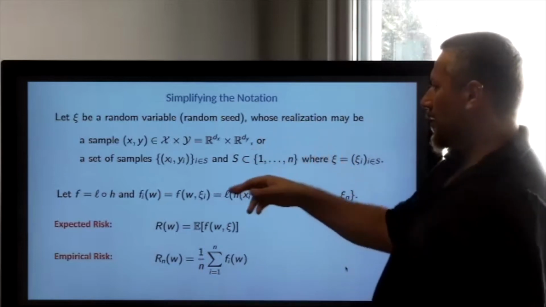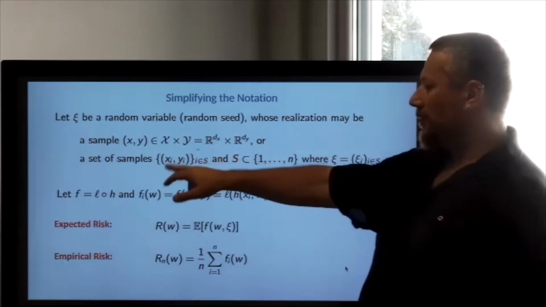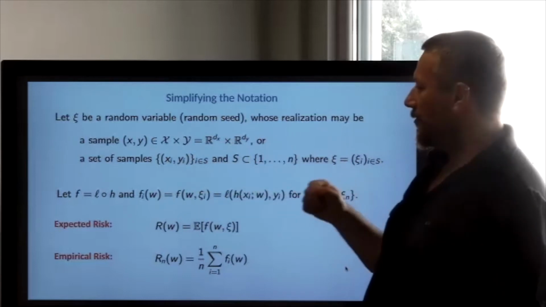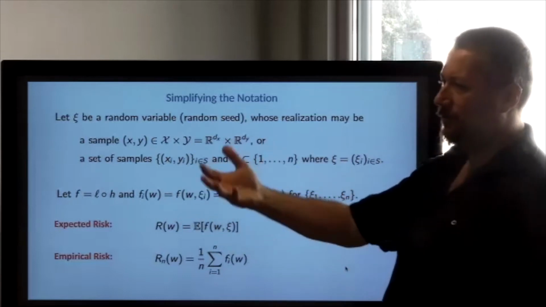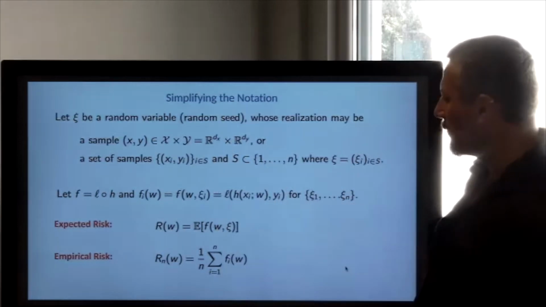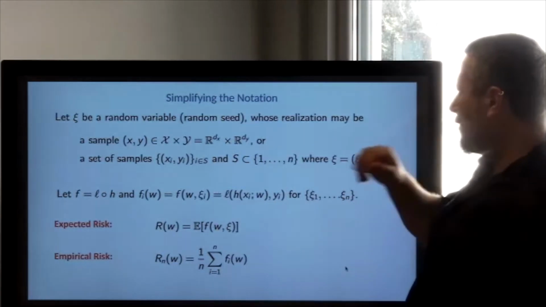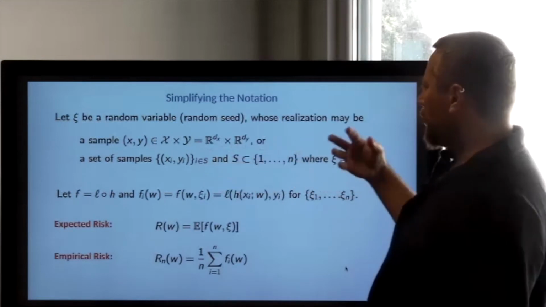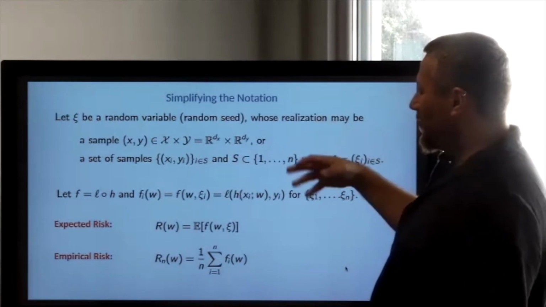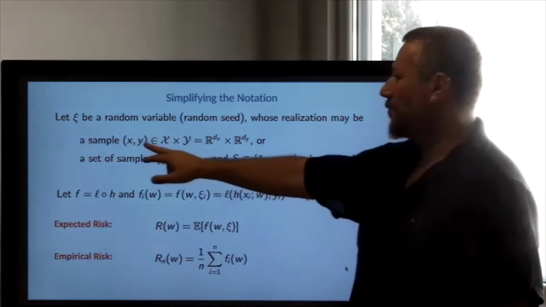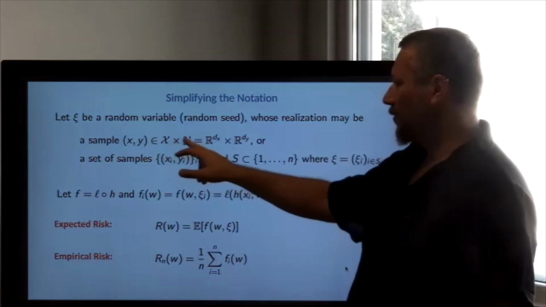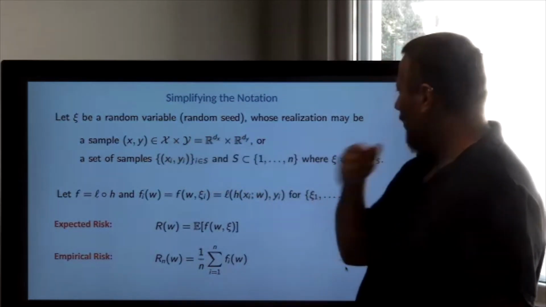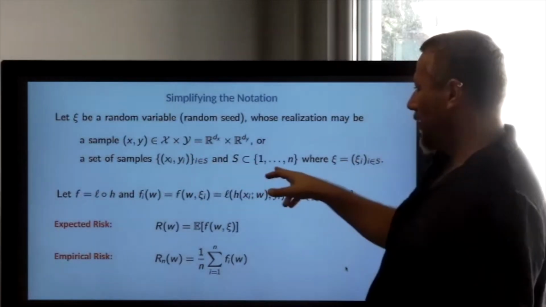We choose one point from these data points, or it will choose a bunch of points like in the mini batch problem. In general, we can think about xi as a random variable whose realization is not just an index, but maybe a point from the space, input times output space, or a set of points from the space.